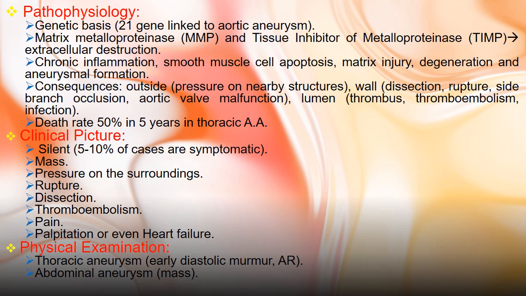This pain is usually severe, tearing in character in the chest and maybe in the interscapular region, in the flanks if it involves the abdominal portion, and in the lower limb. Also, it causes compression on the coronaries, cerebral, subclavian, spinal, mesenteric, lower limb arteries, so the patient may present with any form of ischemia, any form of infarction.